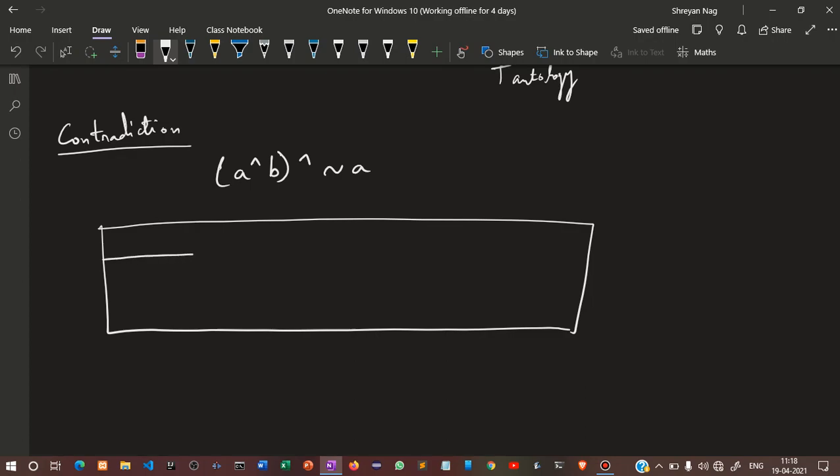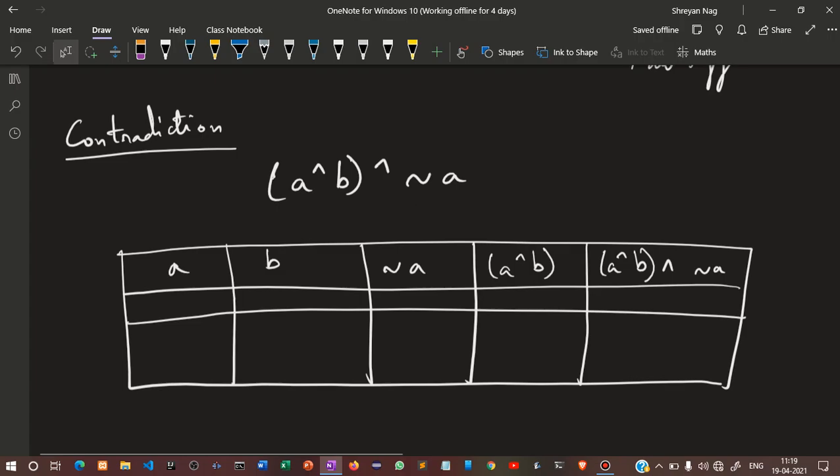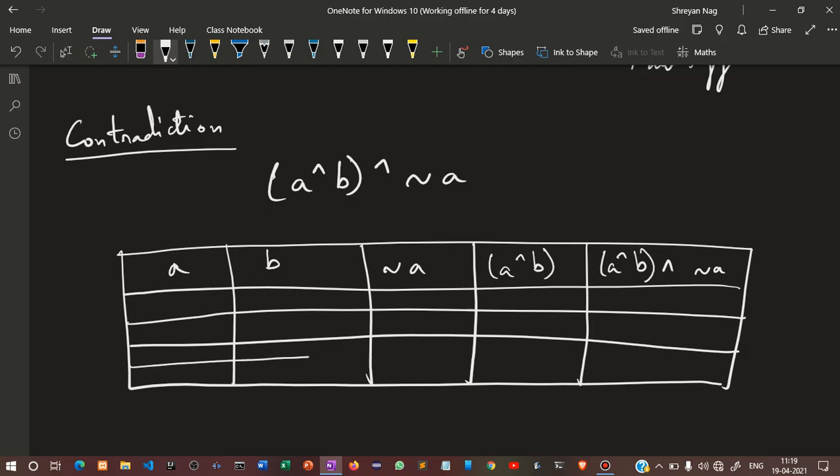So let us do this: A, B, negation of A, then A conjunction B, and finally the last column.